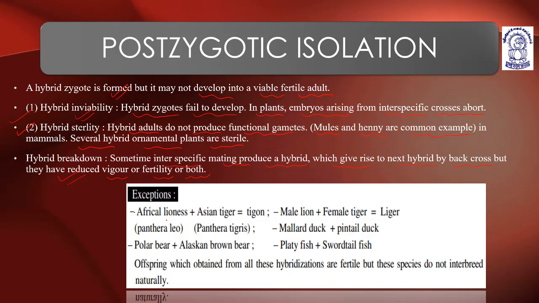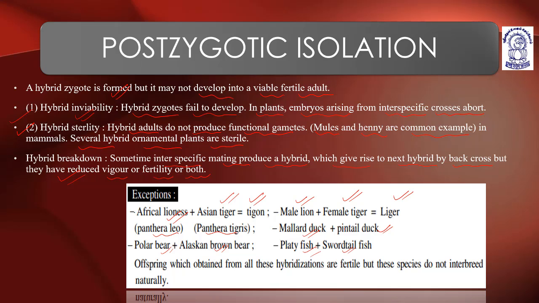Exceptions: the African lion and Asian tiger, Panthera leo and Panthera tigris, form the tigon. Male lion and female tiger give the liger. Polar bear and Alaskan brown bear are also fused. Mallard duck and pintail duck, platyfish and swordtail fish.